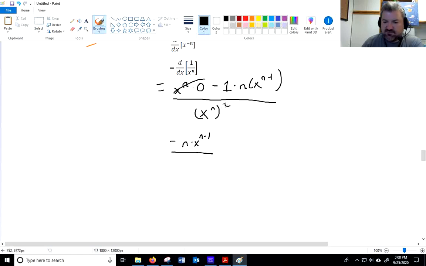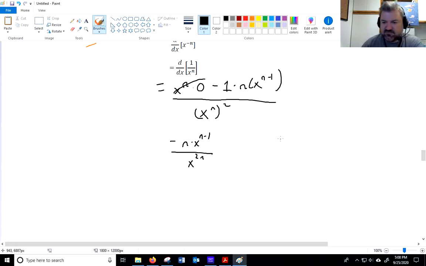And a power raised to a higher power, we multiply, so this is x to the 2n, right? So we're pretty much almost done, except for the fact that I need to reduce these fractions, right? I've got n minus 1 and 2n. So let's subtract n minus 1 minus 2n.